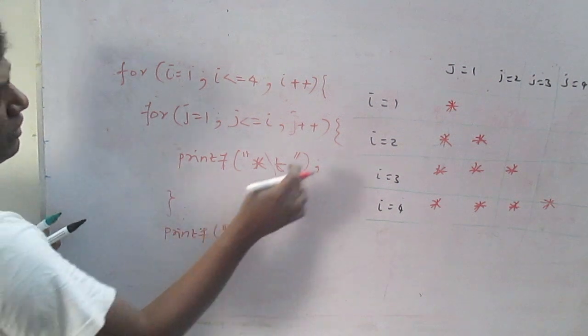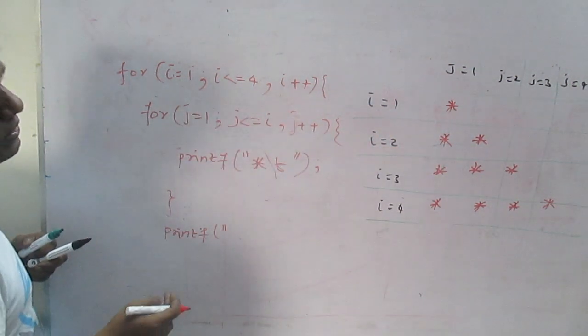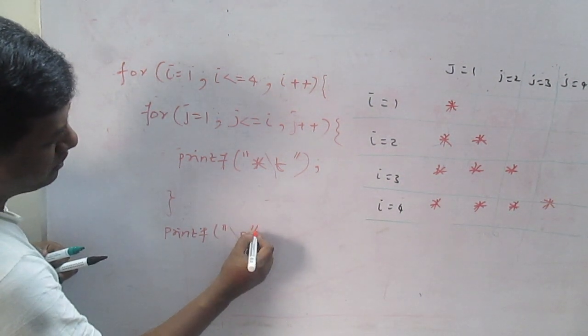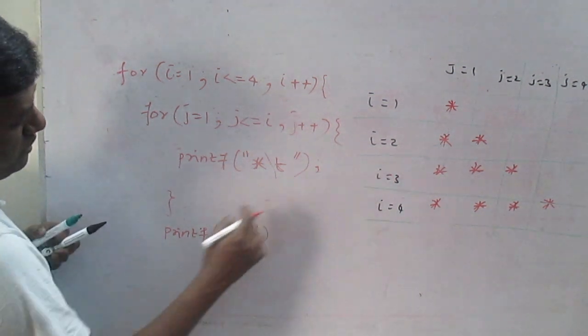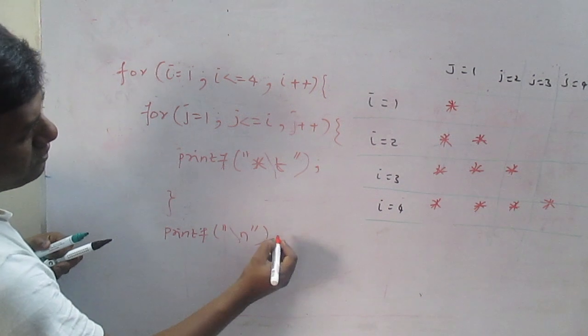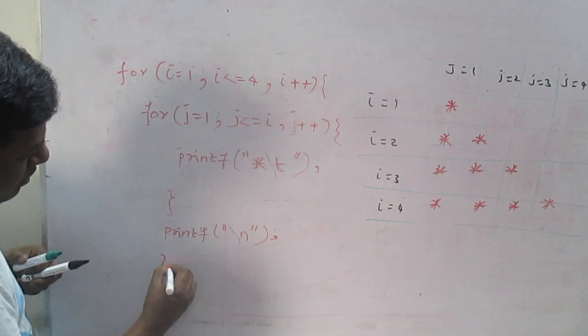In the first loop, when i equals 2, we come to the next line, so we put a backslash n. Backslash n brings the cursor to the next line. Then we close it.